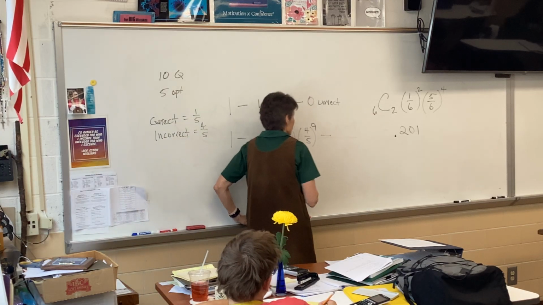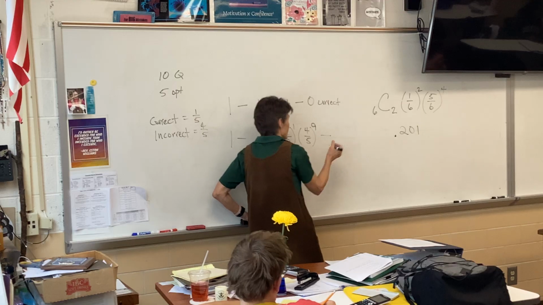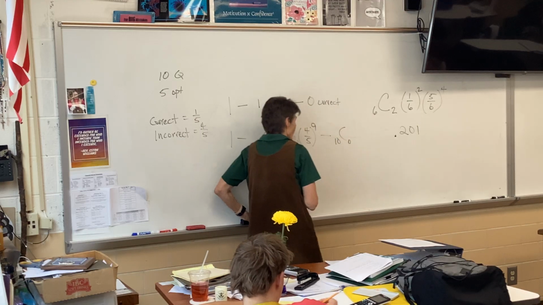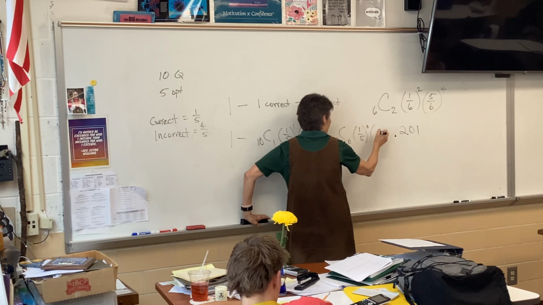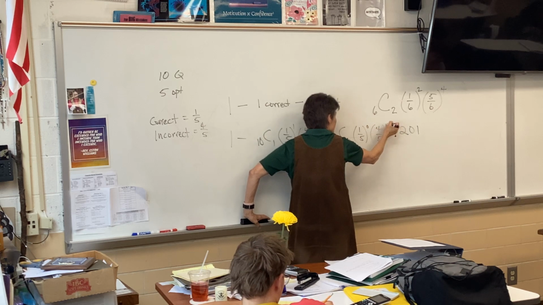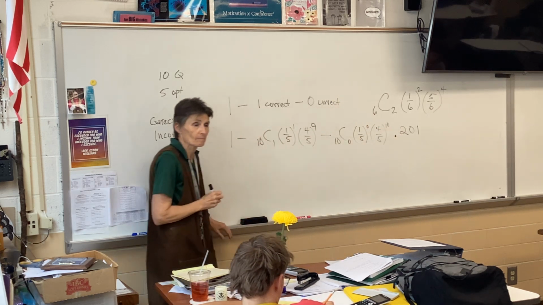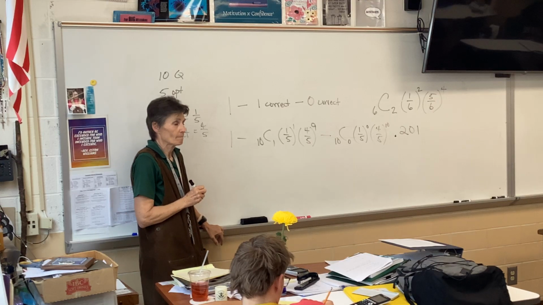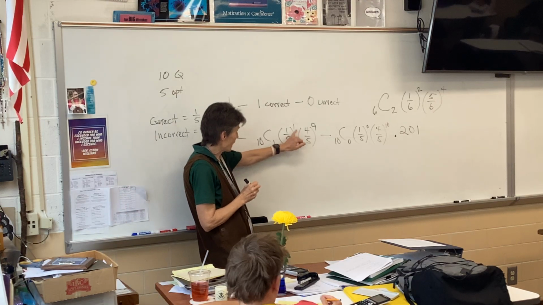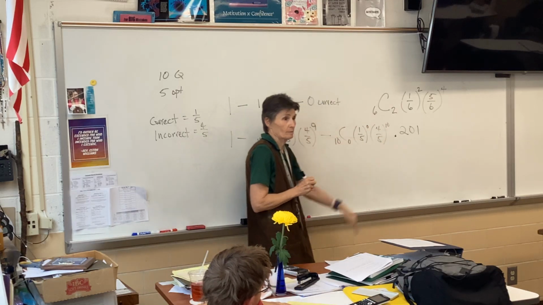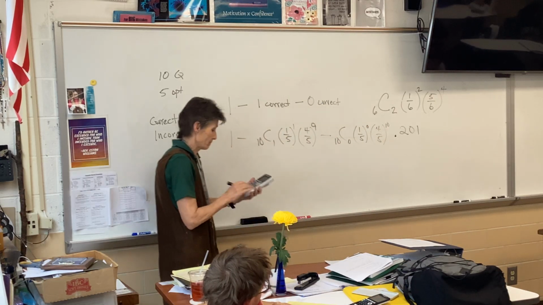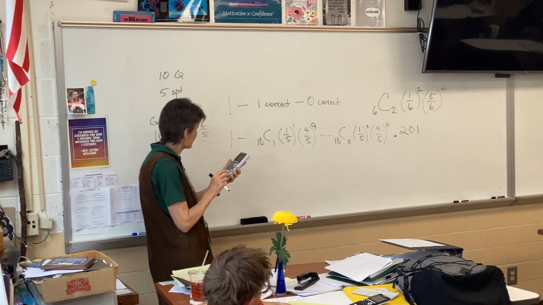And then I also have to subtract none correct, which would be 10C0, 1/5 to the 0, and 4/5 to the 10th. So this is 1 right, 9 wrong, and this is none right, 10 wrong. And that will be my answer.